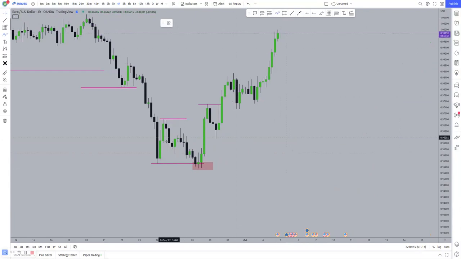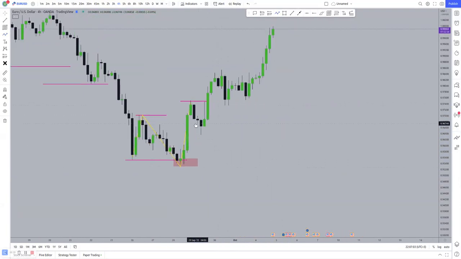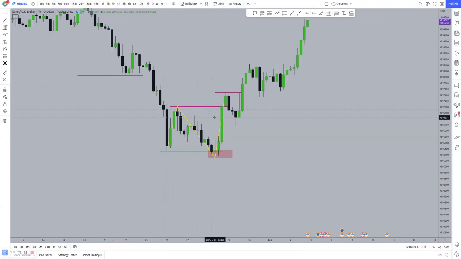And after liquidity has been grabbed, what happened? Price broke this high. Now this is our protective high, meaning if we are bearish, price is not allowed to break this high. It should break this low, but price has broken through this high.